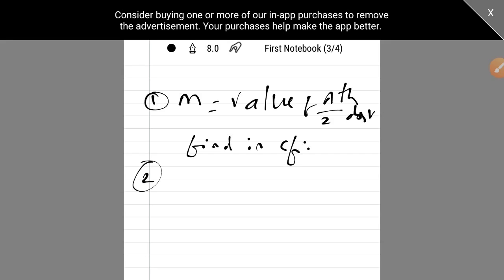Then step 2 is to find it in CF and select the class.